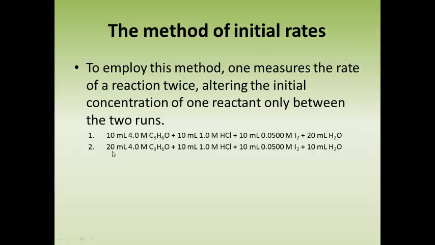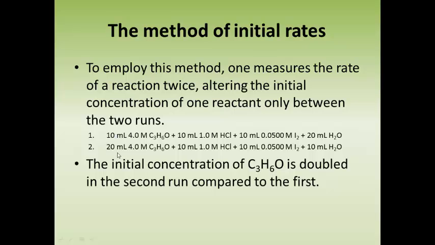for a mixture that's created by taking 20 milliliters this time. Notice that the volume has increased by a factor of 2, so that the initial concentration of acetone will have doubled in this second run relative to the first. We'll use the same volumes of hydrochloric acid and of iodine, and now, since we've added 10 milliliters of acetone solution, we require only 10 milliliters of water to bring the total volume up to the same 50 milliliters.